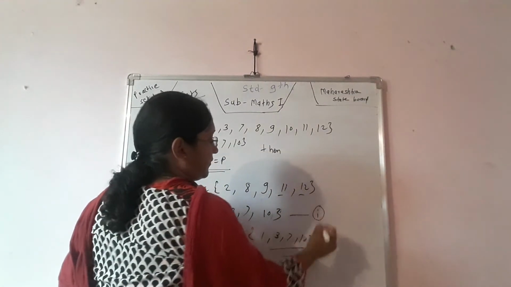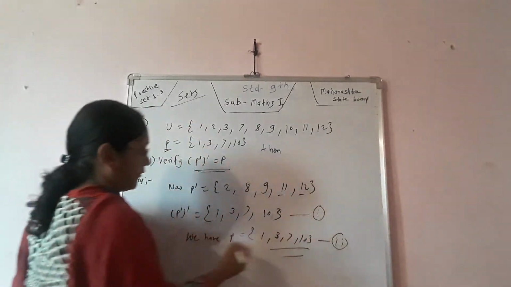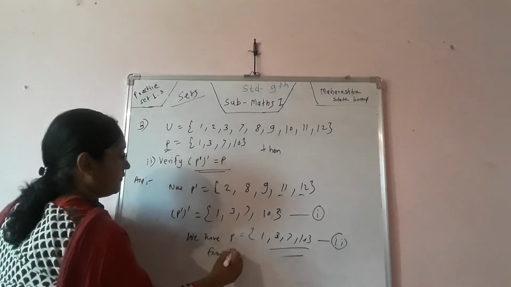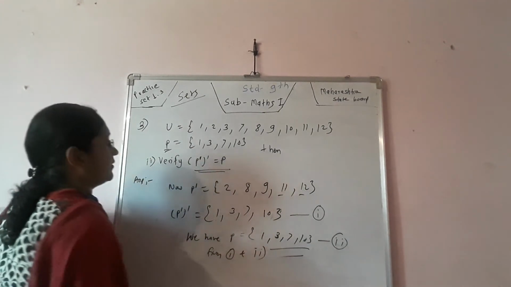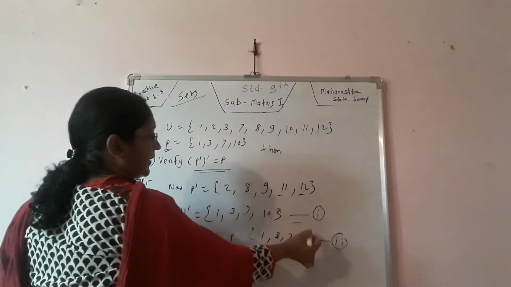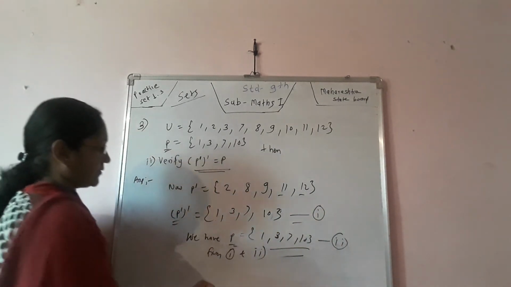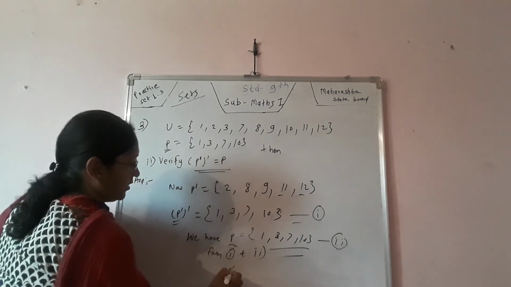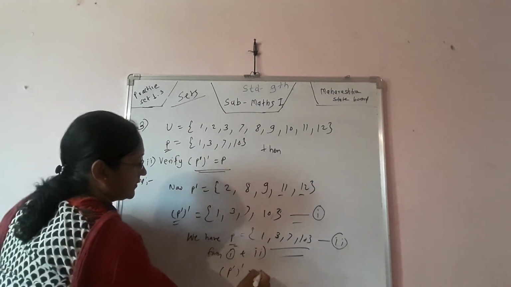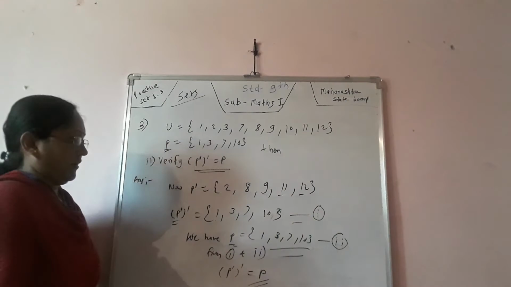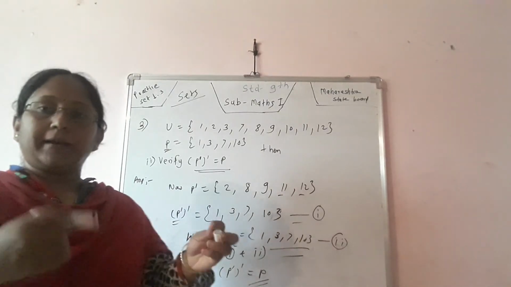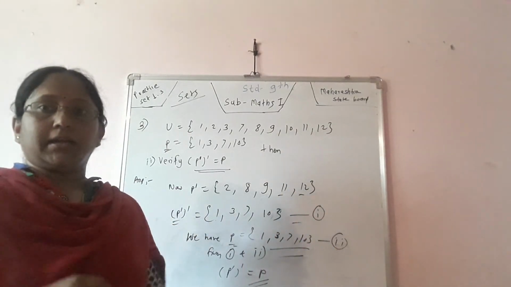Take it as first and second, and from first and second, the right hand side is the same as the left hand side. So we verify that the complement of P dash is equal to P, that is, complement of a complement is the set itself.